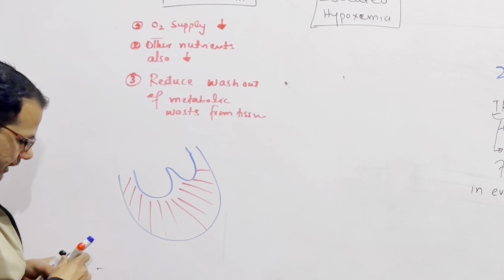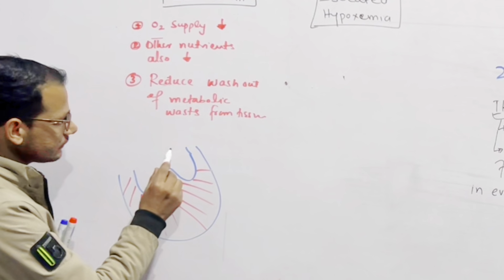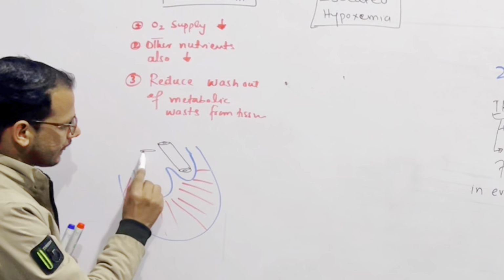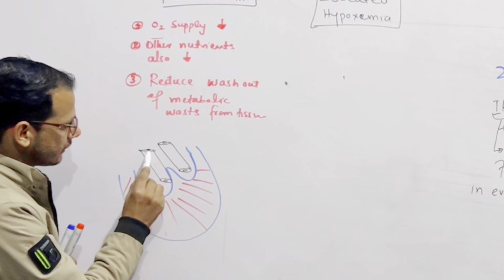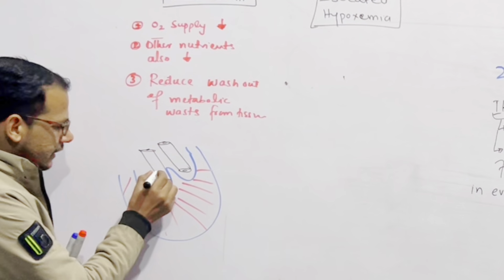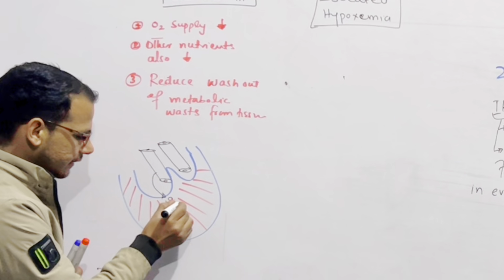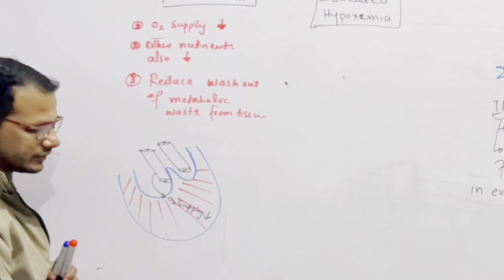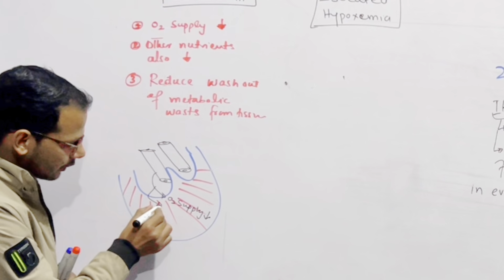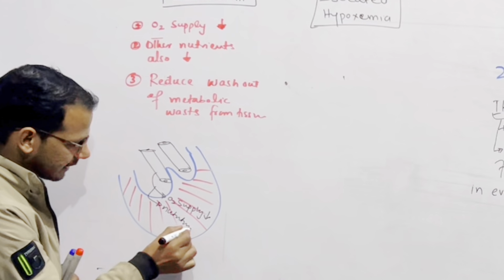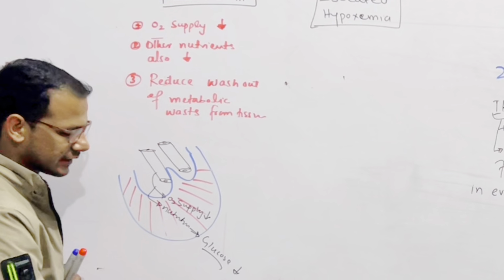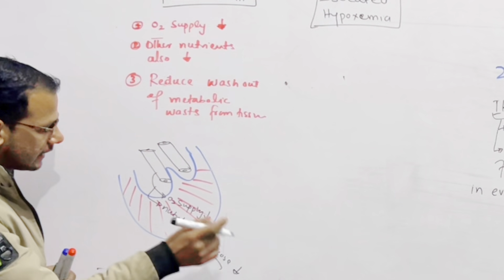But during ischemia, due to any cause in these coronary circulations, oxygen supply to these muscles decreases. Also nutrition, the main nutrition being glucose, also decreases.